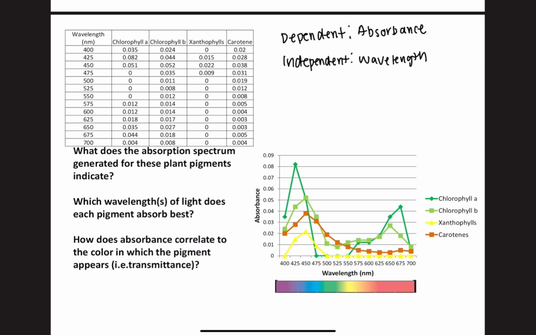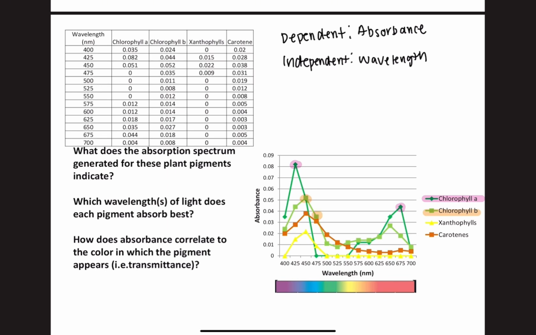So what we found was that chlorophyll A best absorbed around 425 nanometers and 675 nanometers. So for chlorophyll A, we're going to do pink. So here we have around 425 and again at 675. We found that chlorophyll B, we're going to do brown, best absorbs around 450 to 475 nanometers.